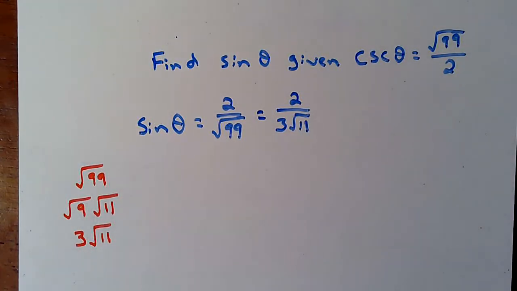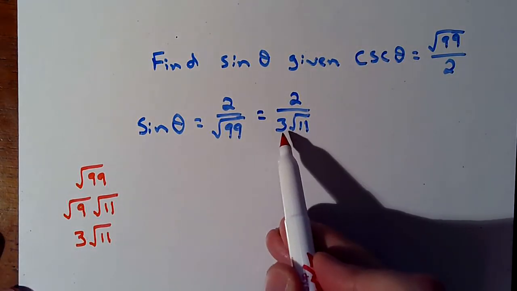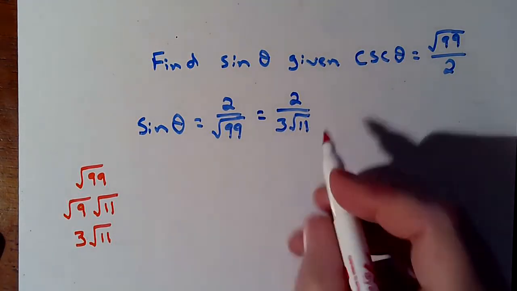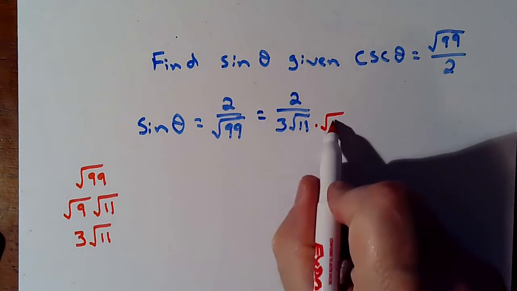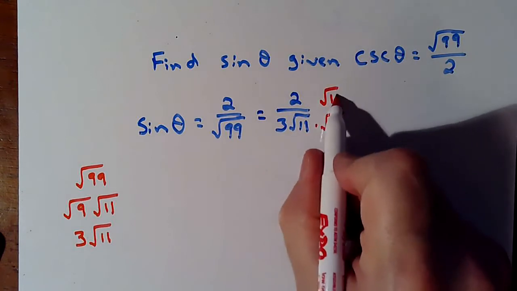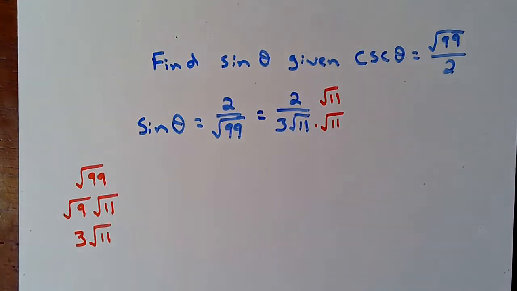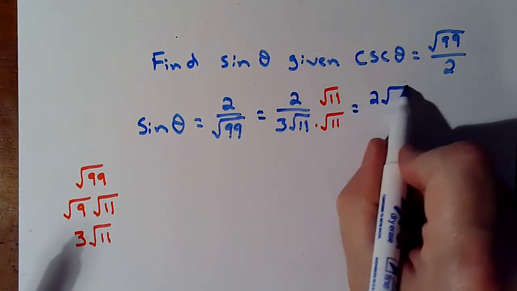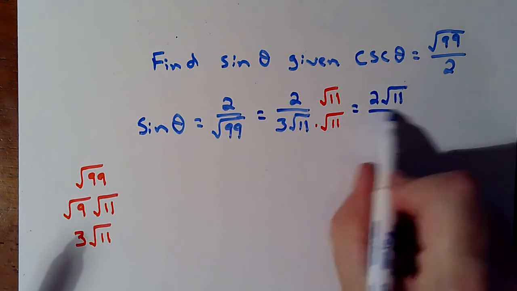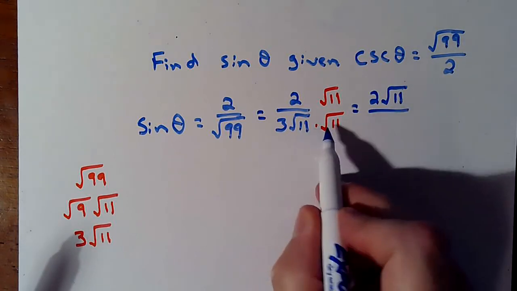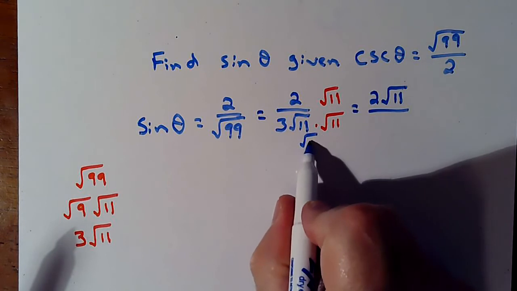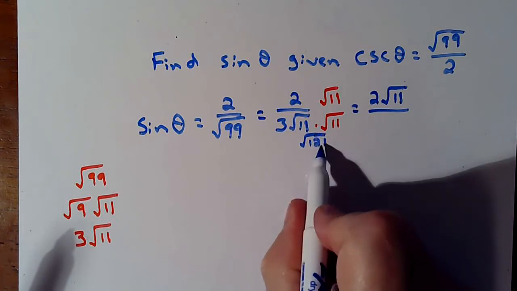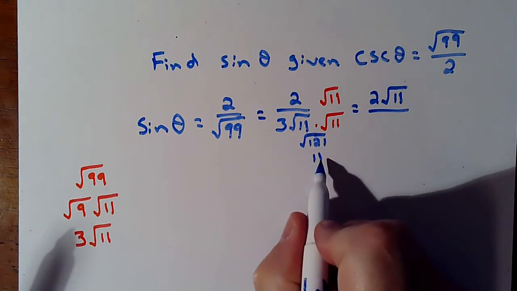Okay, now we still have to rationalize the denominator. It's not the 3 that's the problem, it's the 11 that's the problem. So to rationalize it, we're going to multiply top and bottom by the square root of 11. We get a 2 square root 11 on the top, and on the bottom, this becomes the square root of 121, which is 11.